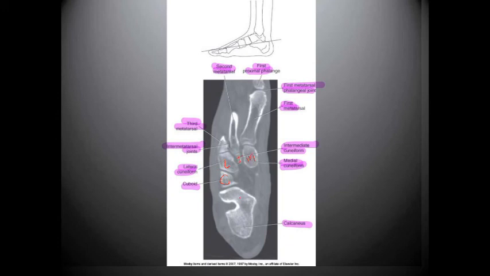Here we have the cuboid, lateral cuneiform, intermediate cuneiform, medial cuneiform, calcaneus, third metatarsal, second metatarsal, first metatarsal, metatarsophalangeal joint, proximal phalanx of the first metatarsal. Here is the tarsometatarsal joint.